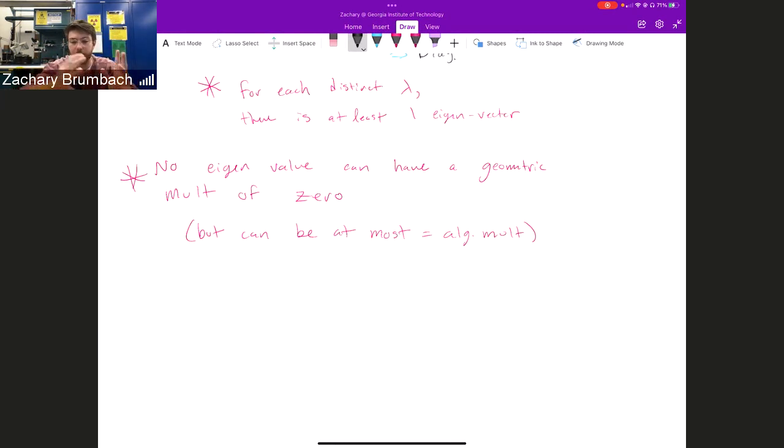Okay, so if you have lambda minus 1 squared, you have lambda equals 1 with an algebraic multiplicity of 2 because of that square. Geometric multiplicity is the dimension of the eigenspace, or how many eigenvectors you have for that eigenvalue.